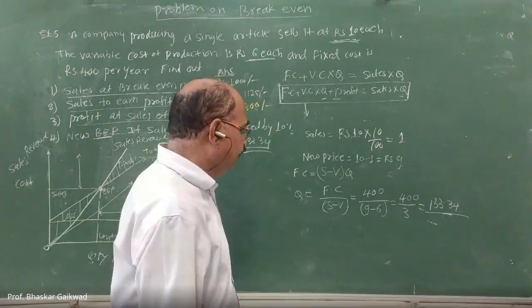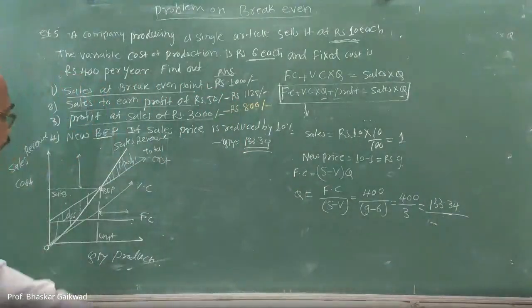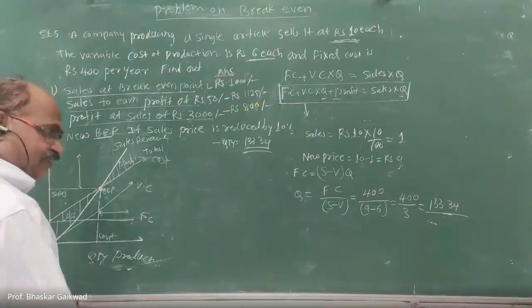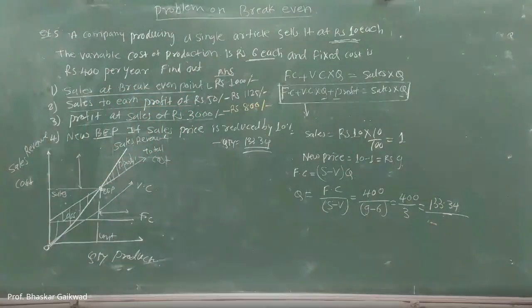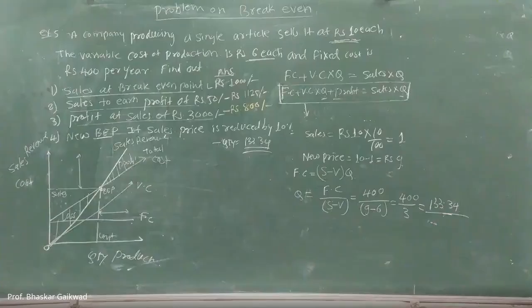So what is the sales at this new break-even point? Calculate what is the sales at new break-even. 1200, sir. What is the sales at new break-even point?